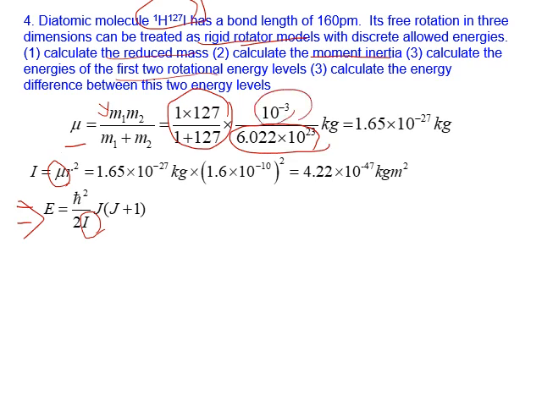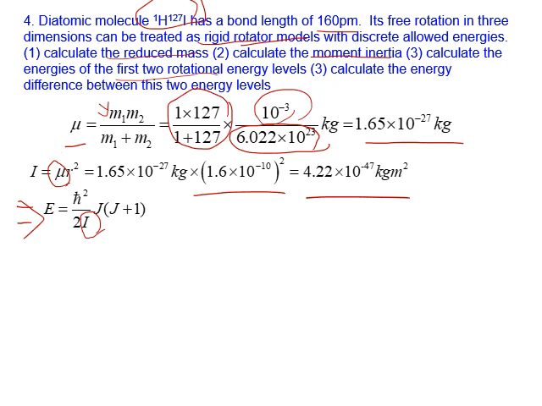Or you could use a conversion factor we used before, and that gives you 1.65 times 10 to the minus 27 kilogram for the reduced mass. Then you multiply by R squared, in this case 160 pm. A pm is 10 to the minus 12, so 160 times 10 to the minus 12 is 1.6 times 10 to the minus 10. Square it. So this is the moment of inertia.